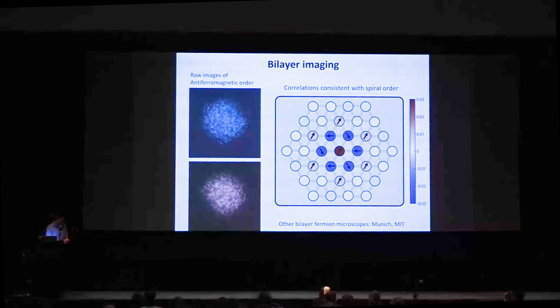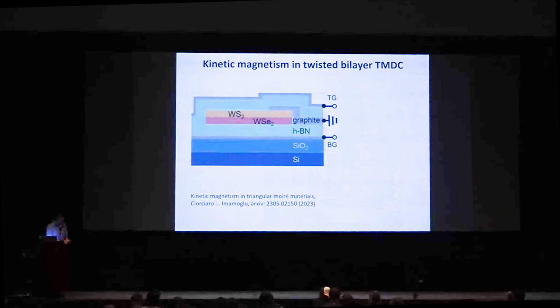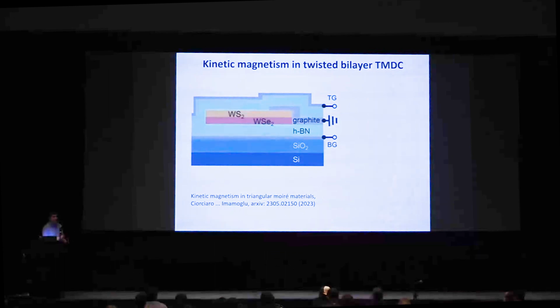function. So for example, we can start by reproducing these two-point correlation functions, where you can see the spiral ordering that was seen in the previous work, but now we can go a step further. In particular, we were fascinated recently with some work that has been coming from the Moiré community.